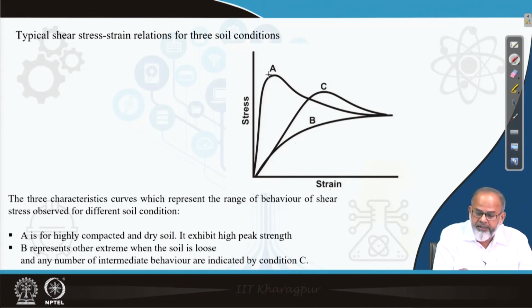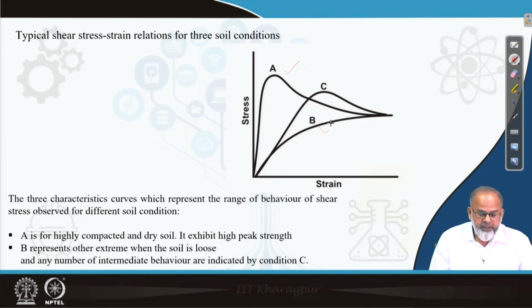Type A is for a very hard, compacted soil, where you get a clear point of peak shear stress, after which the soil fails and the stress starts coming down. This is the case for compacted dry soil. For loose soil, the curve rises at a faster rate initially, then slows down and reaches a peak. These are the two extreme curves, A and B.